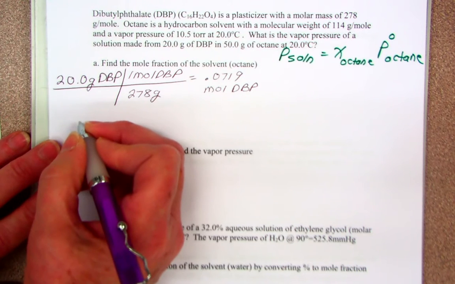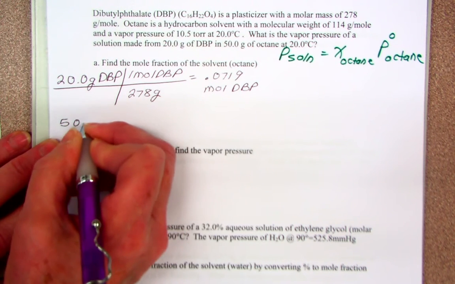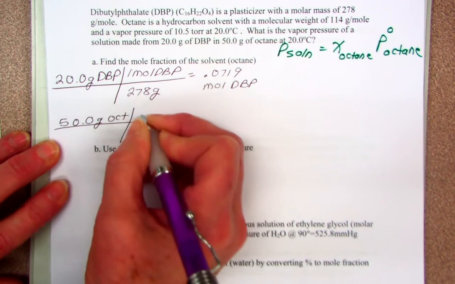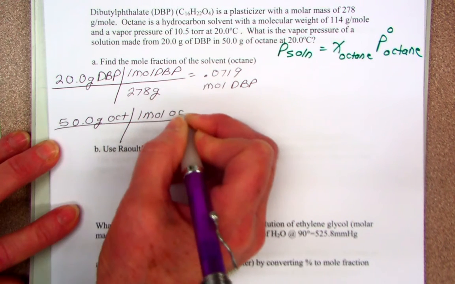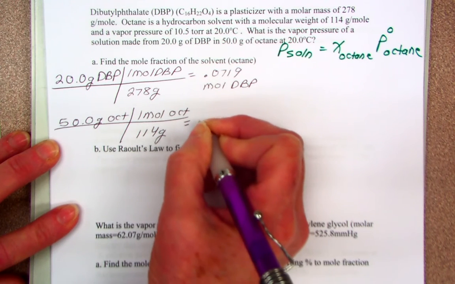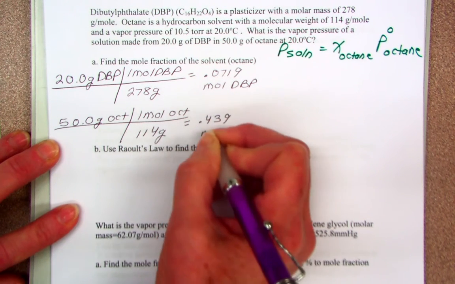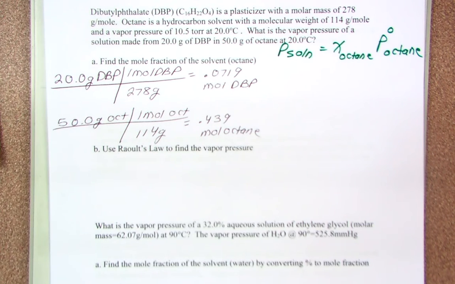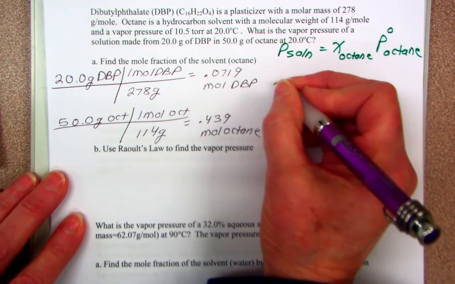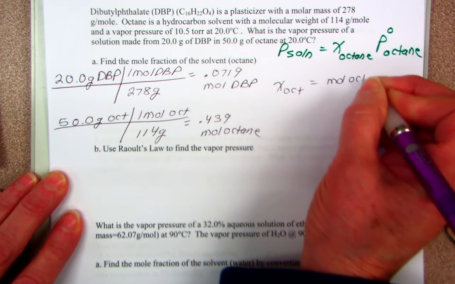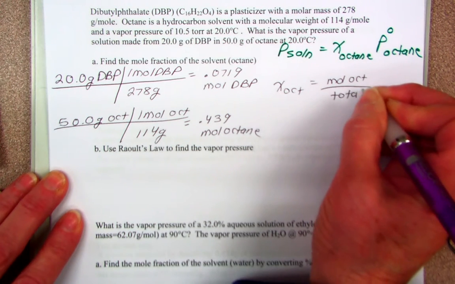Now let's look at what else is in my sample. 50 grams of octane. And again, I know that 1 mole of octane has a mass of 114 grams. So I have 0.439 moles of octane. Now we go back to what we did at the beginning of this chapter, trying to figure out how to find a mole fraction. The mole fraction of octane is equal to the moles of octane divided by the total moles.